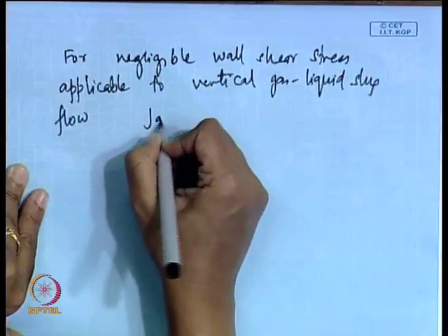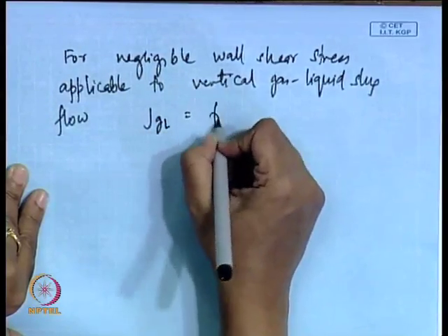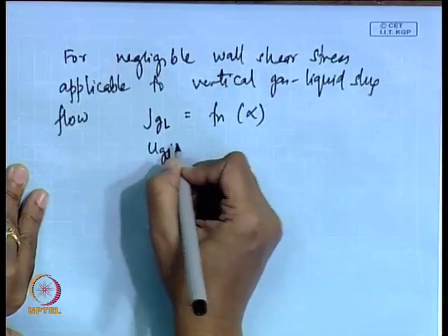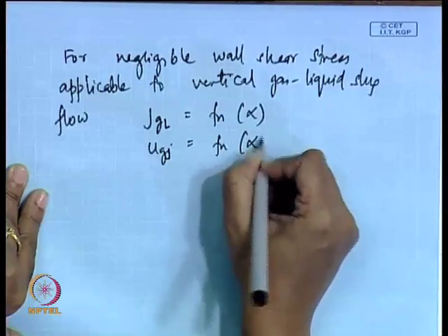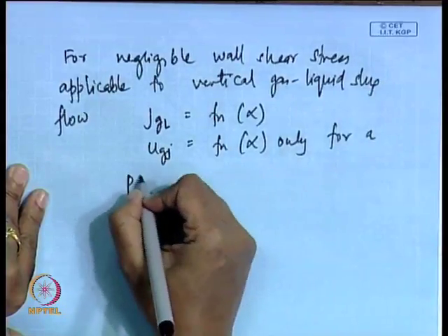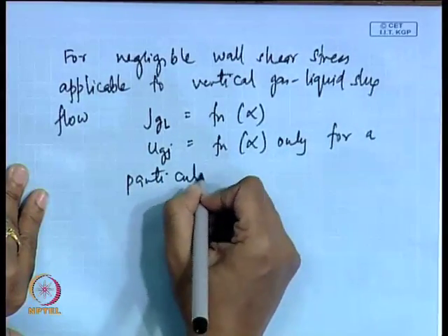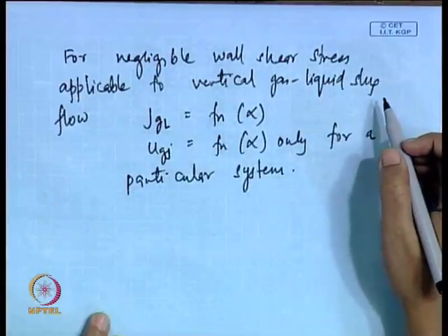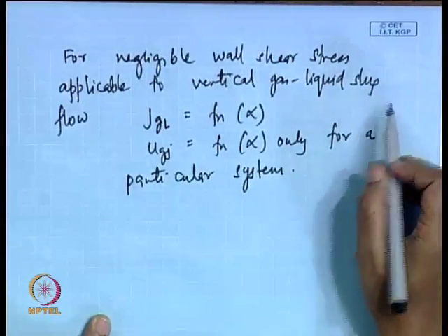Under this condition, from drift flux we obtained JGL as well as UGJ. They were functions of alpha only for a particular system, isn't it? So, for vertical gas liquid slug flow we can always say this from the drift flux model.